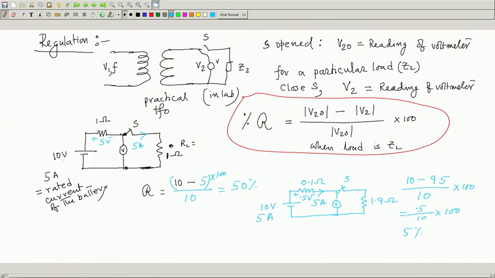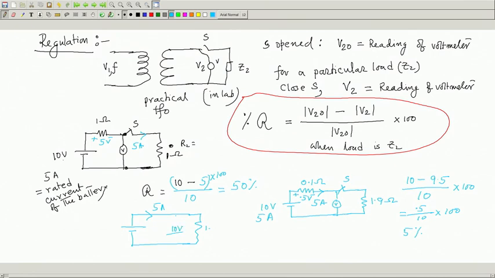For example, if it is an ideal battery, nothing is better than that, so far as regulation is concerned. If it is an ideal battery, no internal impedance, then whether you connect load or not, this voltage will be 10 volt always. So, regulation is 0.